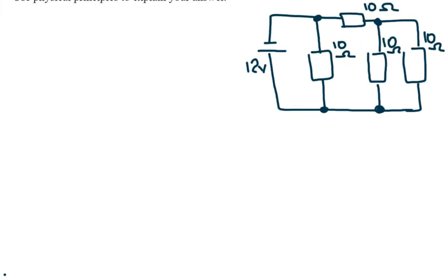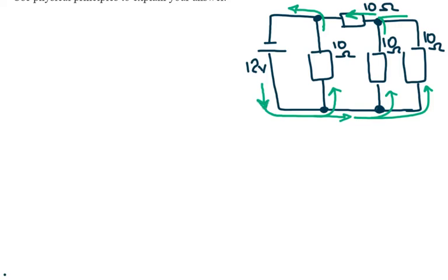So I redrew the circuit for you, and the current is going to flow from positive to negative. Some of it is going to split this way, some is going to go that way, and the rest is going to continue. The current is added from these 2 branches, and then this current is going back to what's left from the battery.